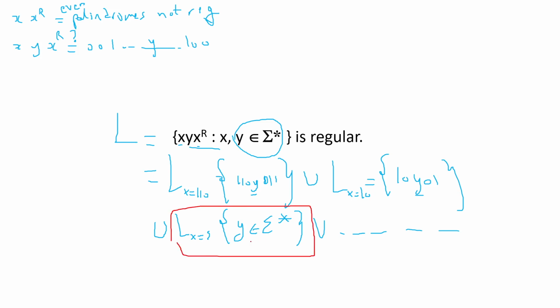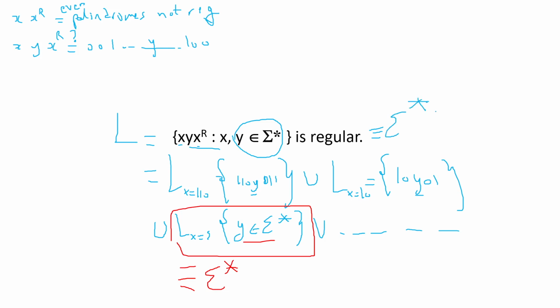When x is epsilon, you can generate any string. Sigma star union anything will get you sigma star. Sigma star is your entire universe, any string you can produce using your alphabet. So this is equivalent to sigma star.